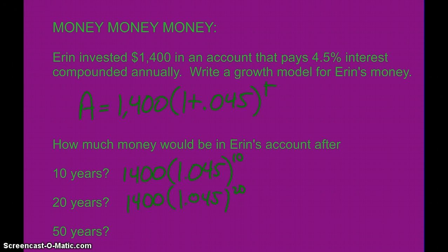And finally, for 50 years, it's 1,400 times 1.045 to the 50th power. All right, so after a little bit of calculation here, you can see the way stuff grows exponentially creates a large value of growth in a fairly short period of time.